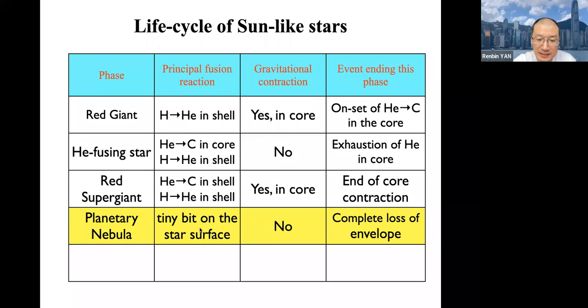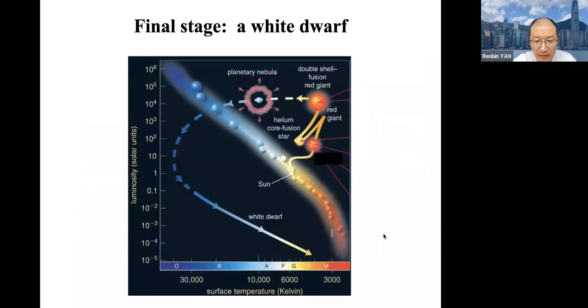Basically here, the star is just a carbon core left behind, right? Most of the outer envelope is rejected. There's no gravitational contraction because the electron degeneracy pressure has halted the gravitational contraction. And the end of this phase is indicated by the complete loss of the outer envelope.